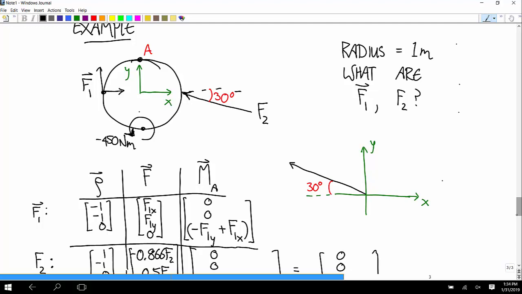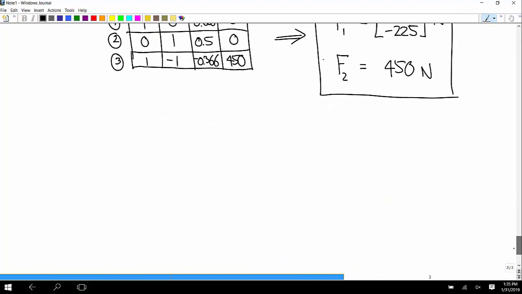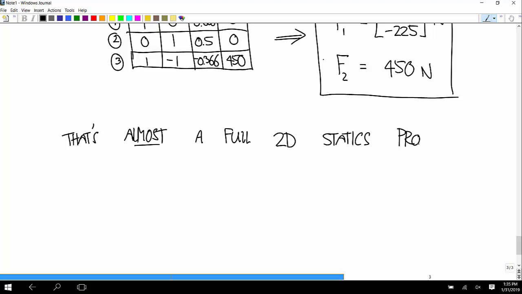Any questions about that problem? Okay, that's almost a full two-dimensional statics. There's just one more step that we need.